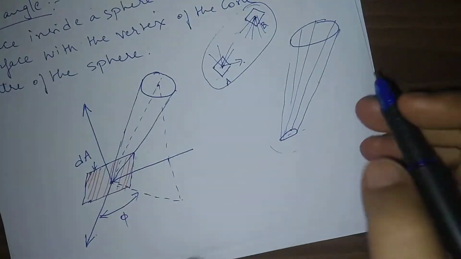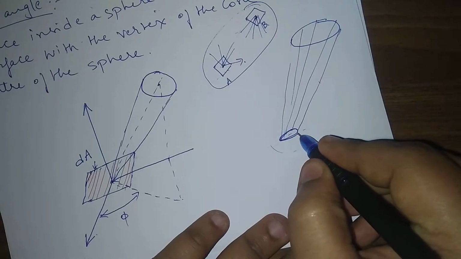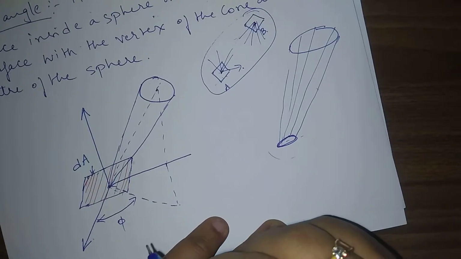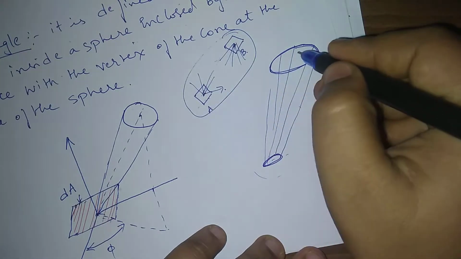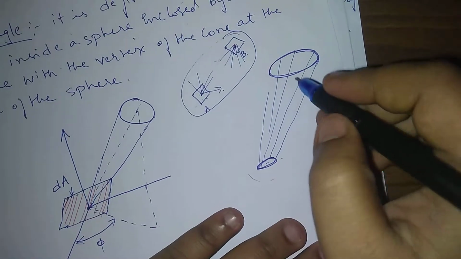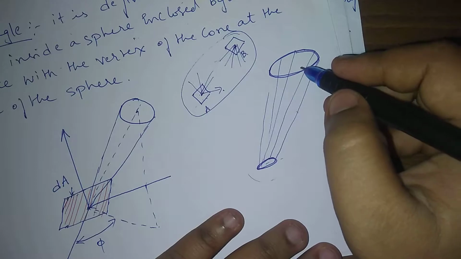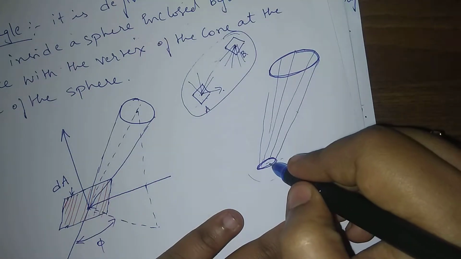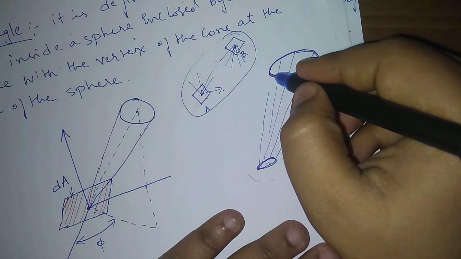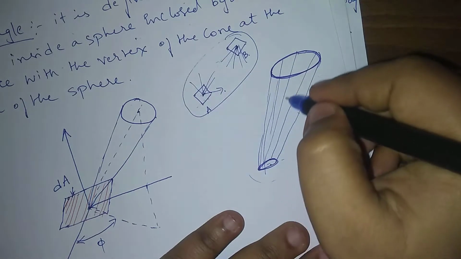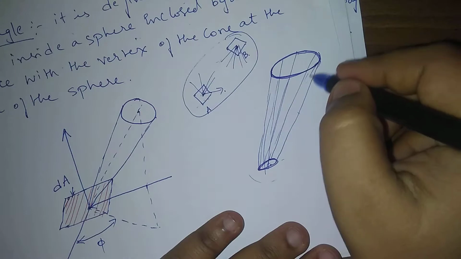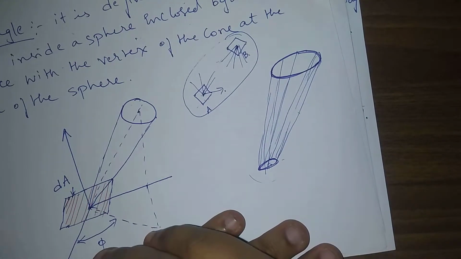Say consider some body is there, and some radiation is incident on that. There is one more body above that. What you need to do is take the perimeter of that particular body, and try to join it with the perimeter of this particular body and to the center.